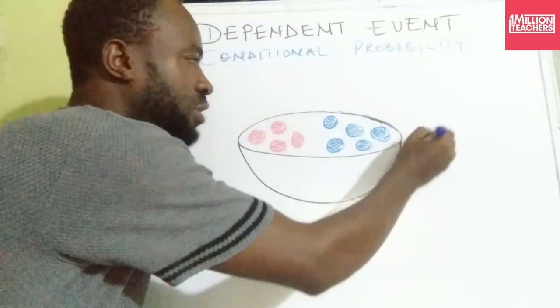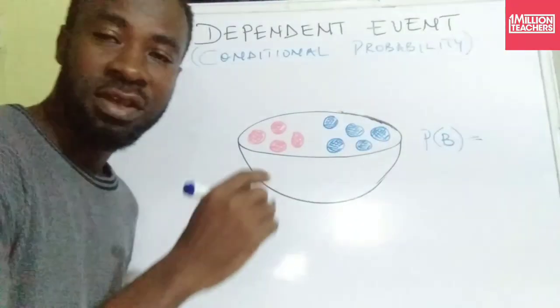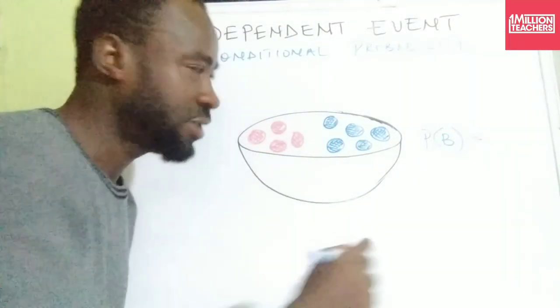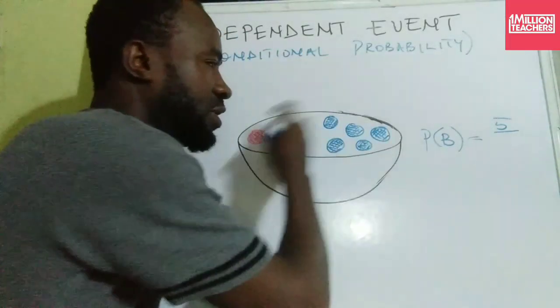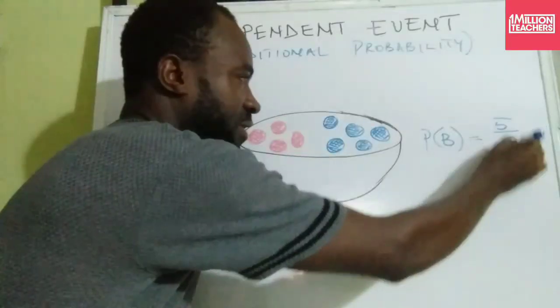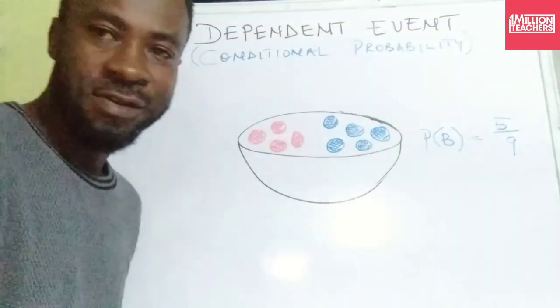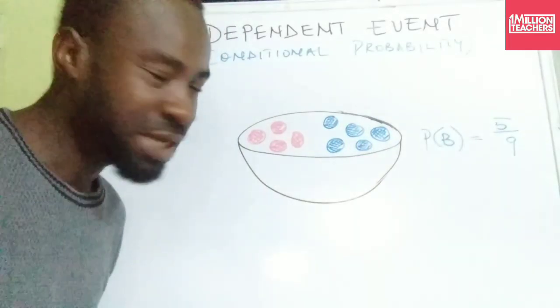So if I'm going to pick a blue ball, then my probability for picking a blue ball first is going to be 5 over the total balls here, which is the sample space, 5 over 9. Okay, so that's my probability of picking the first ball.